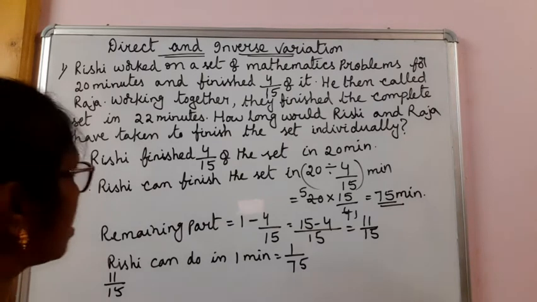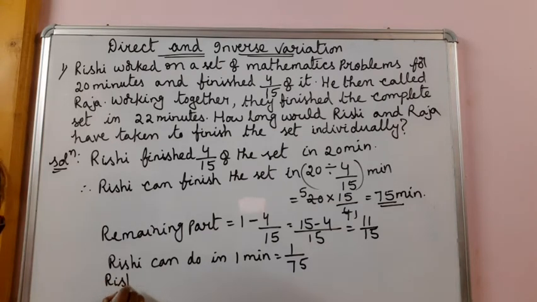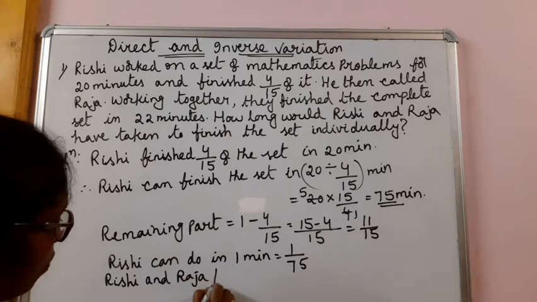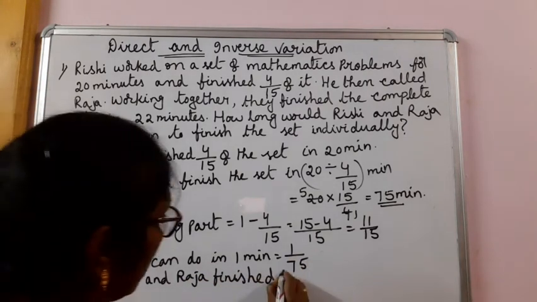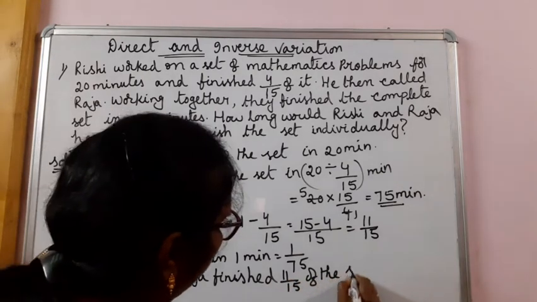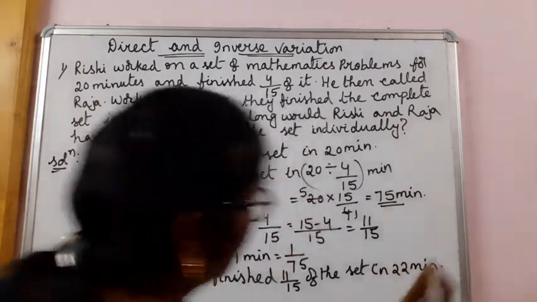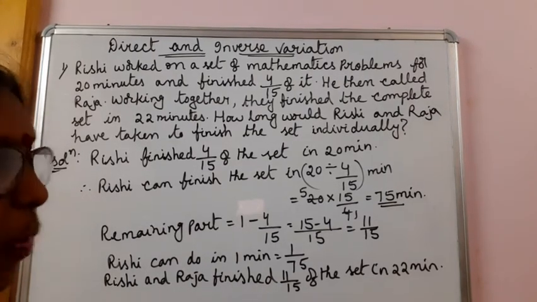Let me write: Rishi and Raza finished 11 by 15 of the set in 22 minutes. Both of them have finished 11 by 15 in 22 minutes.